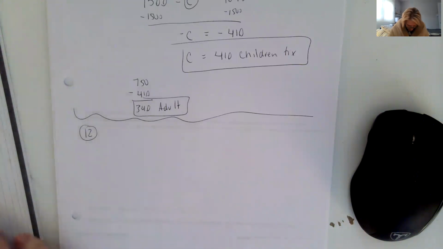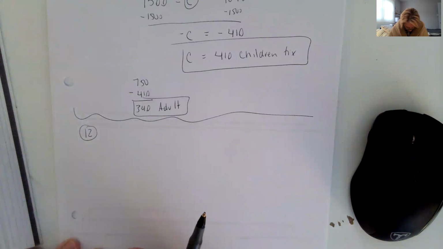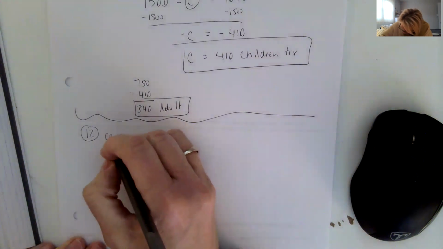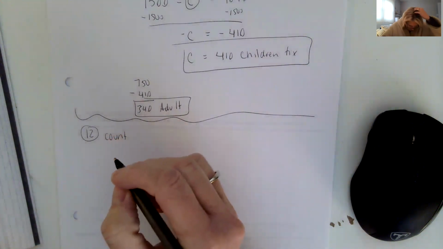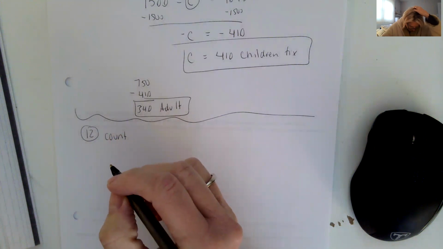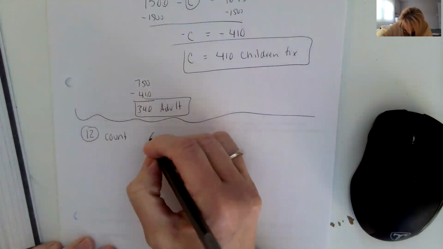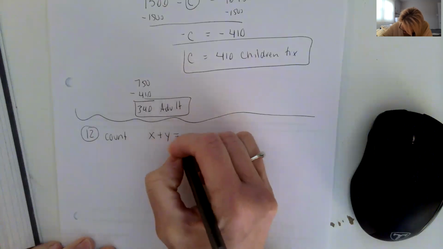So number 12 says how much 30% alcohol solution and 70% alcohol solution must be mixed to get 16 gallons of 60%. So we want our count or our total gallons to be 16. So we're going to say x plus y equals 16.